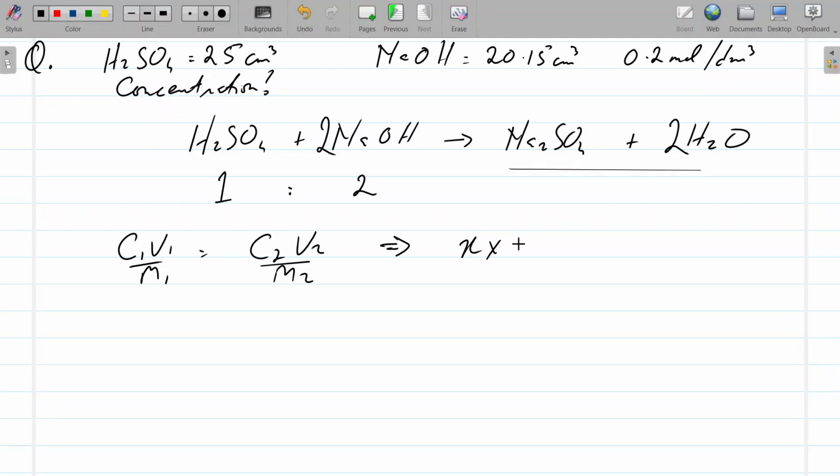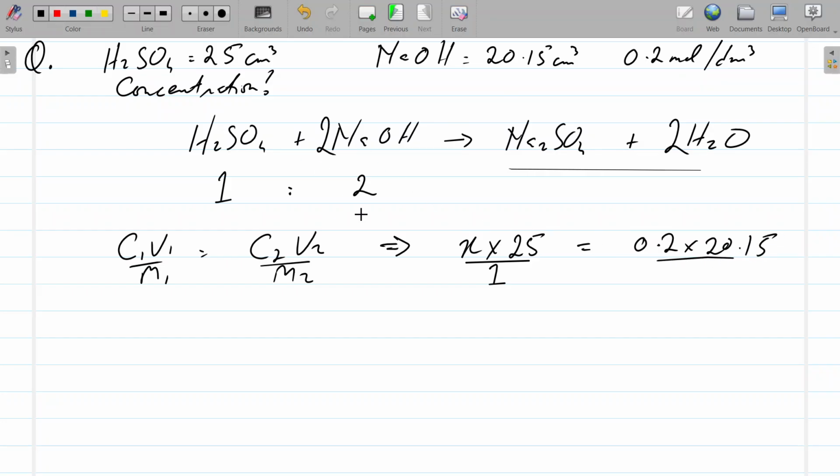multiplied by 25 centimeter cube over how many moles do we have? 1, right? In the equation. And then you have the concentration of sodium hydroxide. So that's 0.2 times the volume, which is 20.15 in centimeter cubes.